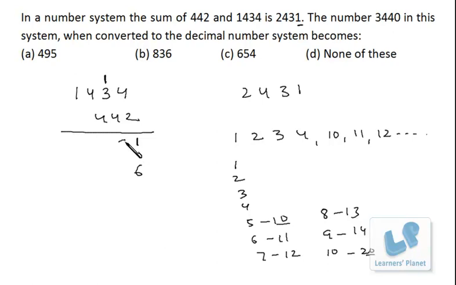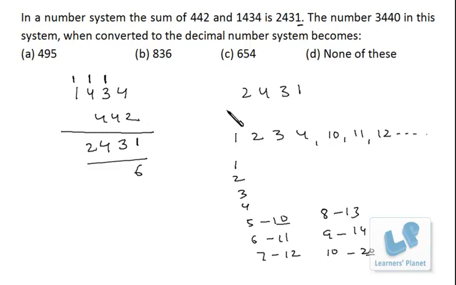So I just write 3 over here and 1 will be carried forward. Now 1 plus 4, 5, 5 plus 4, 9. How do we write 9? It's 14. So I just write 4 over here and 1 will be carried. Now 1 plus 1, 2. Okay, so it's 2, 4, 3, 1. It's 1, 4, 3, 4 plus 4, 4, 2, 2, 4, 3, 1. That is given to us. That means we are correct that this is 5 system.